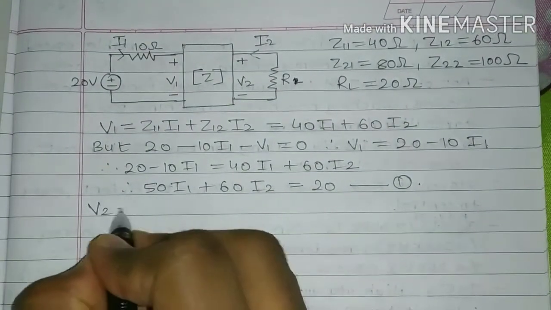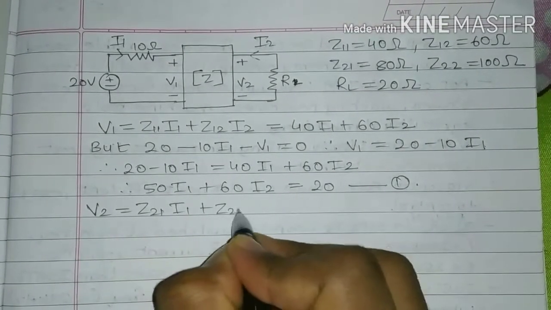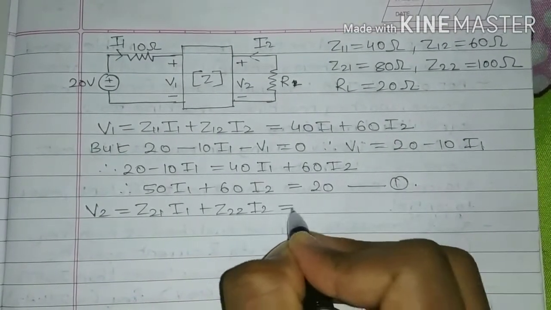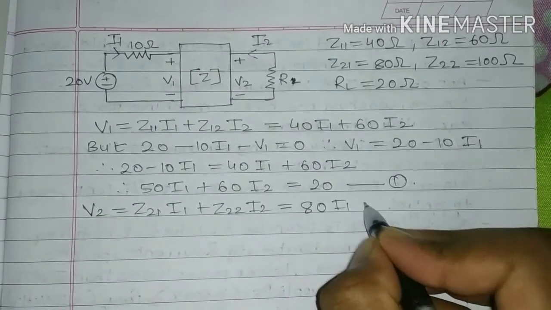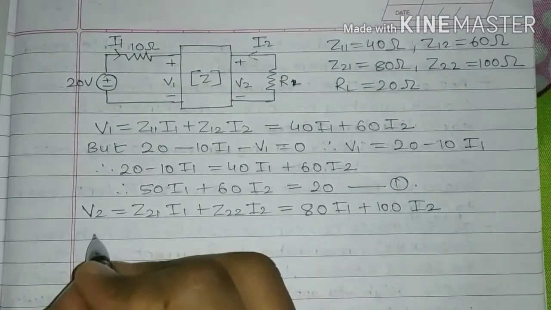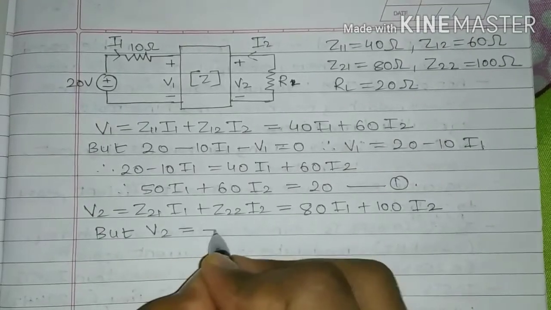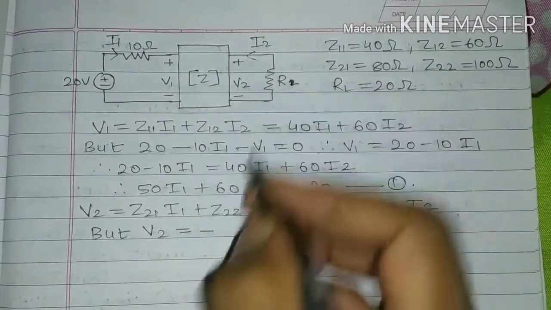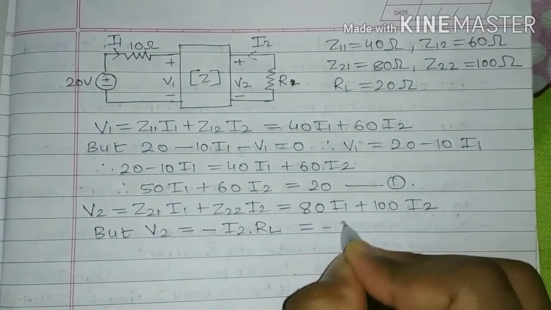Also we know the equation V2 is equal to Z21 I1 plus Z22 I2, which is equal to 80 I1 plus 100 I2. But V2 is equal to minus I2 into RL, negative sign because the current is flowing outwards, which is equal to minus 20 into I2.